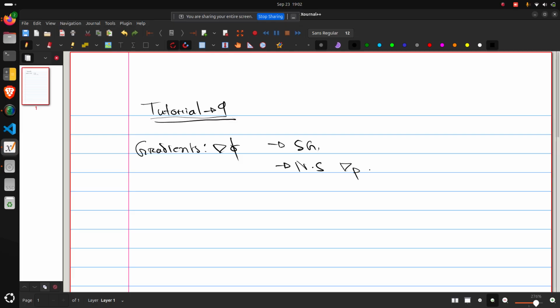Okay, so in the momentum conservation equation we have the gradient of pressure. And also if we have some non-Newtonian fluid, where the viscosity is dependent upon the gradient of velocity, in these cases also we require to compute the gradient.